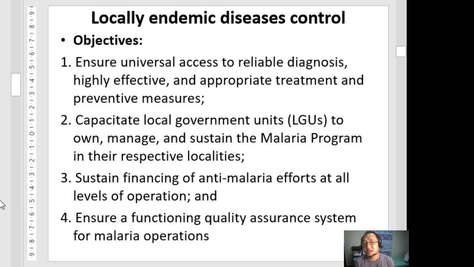When you say quality assurance, from those terms, assured quality healthcare services towards the problem of malaria in these endemic places, from assessment down to planning, to interventions, to evaluation of patients until the patient gets well.